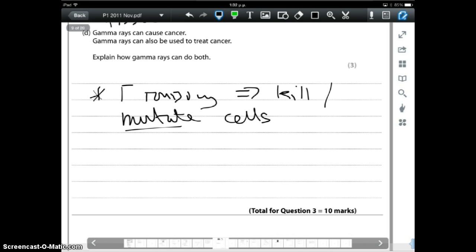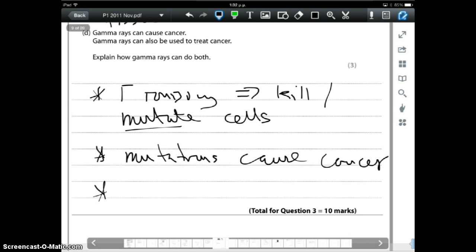Perhaps the mutate is the important bit. The mutations cause cancer. On the other hand, the kill bit, they can also be used to kill cancer cells.